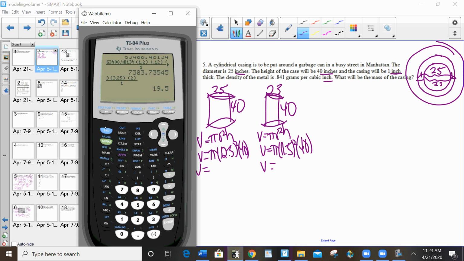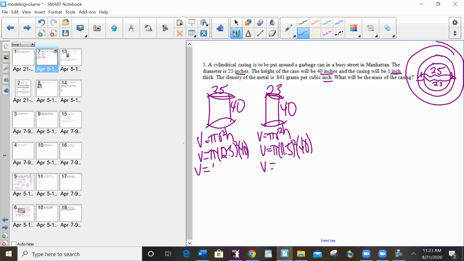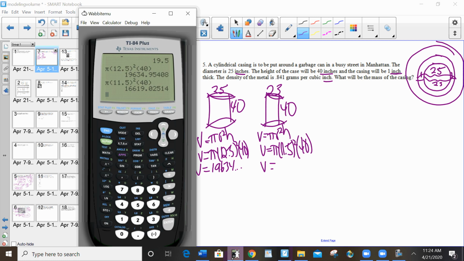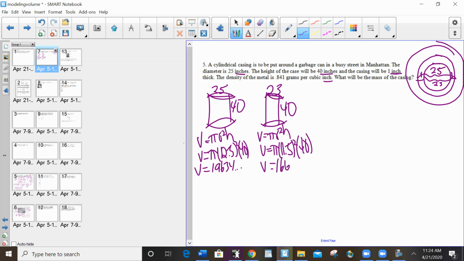I have pi times 12.5 squared times 40. And I can copy and paste this to make it a little bit easier and just change the 12.5 to the 11.5. So I have 19,634 dot dot dot. And I have 16,619 dot dot dot.